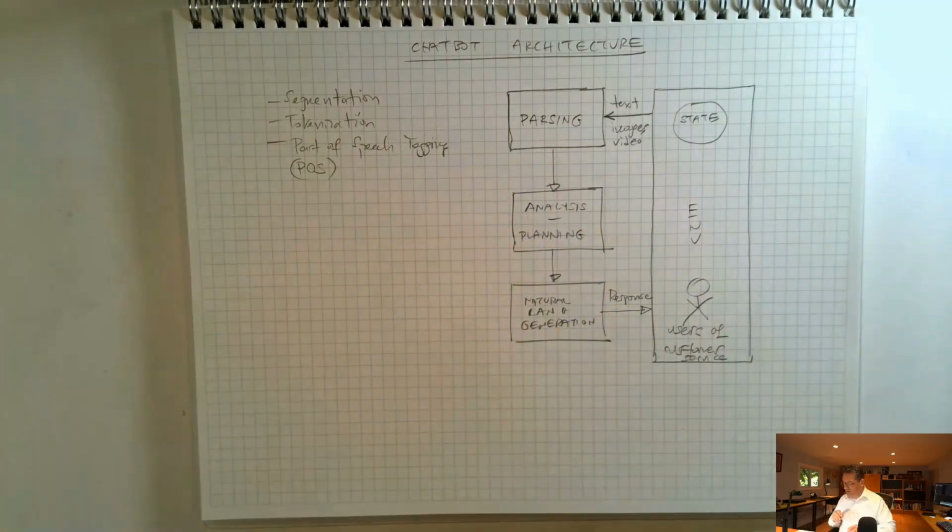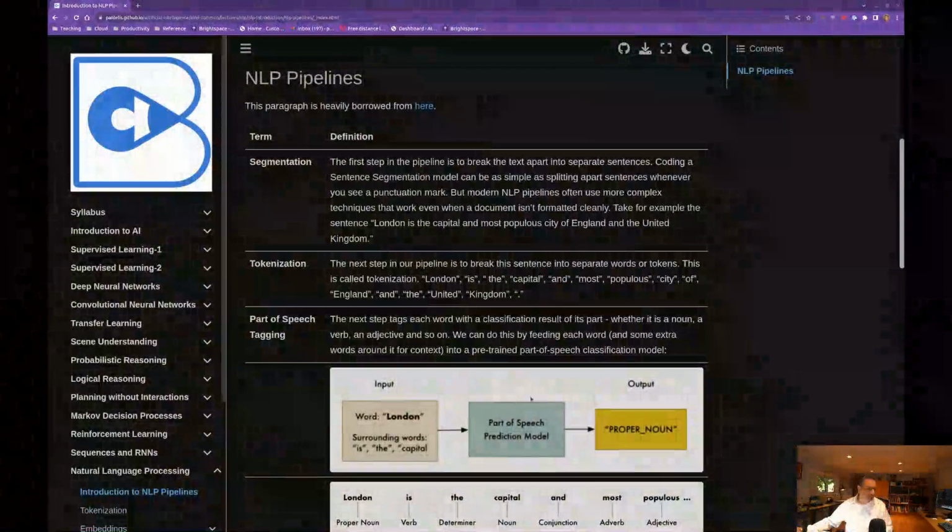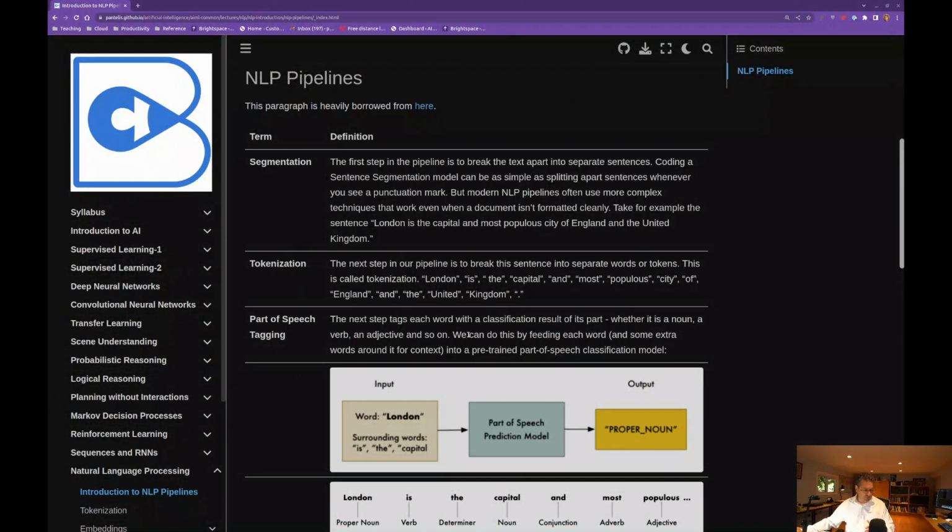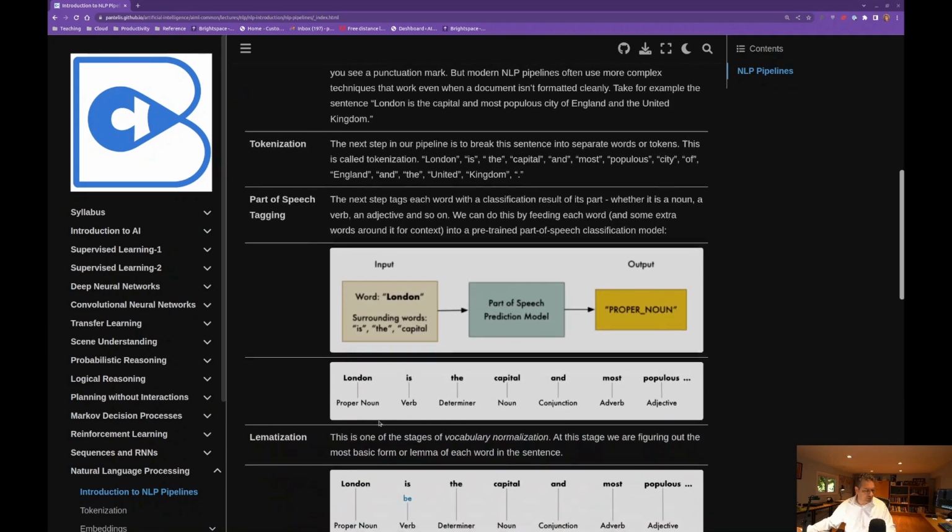In part of speech tagging, every single one of the tokens is being classified as a noun, a verb, a conjunction, an adverb, an adjective. All of these are helping us to understand exactly what the sentence is all about.